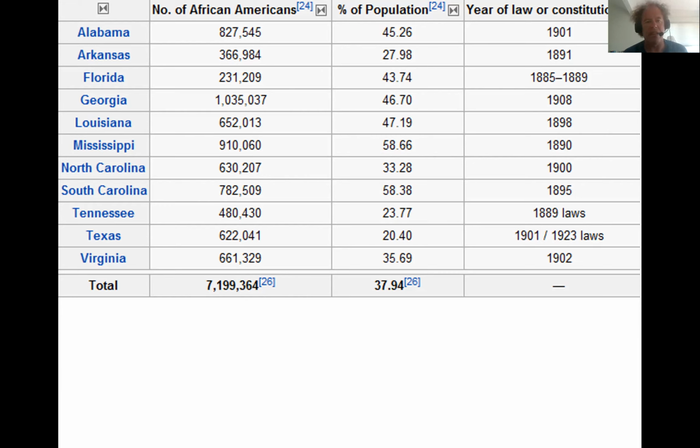So this is a period of simply massive disenfranchisement that, for all practical purposes, eliminates Black voting in the South, but also substantially reduces the white electorate in the region.